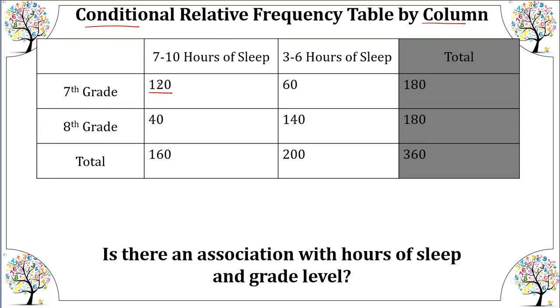So we're going to take each joint value and divide it by your marginal value. And this will be 100%. Then we're dividing this column by its total of 200.